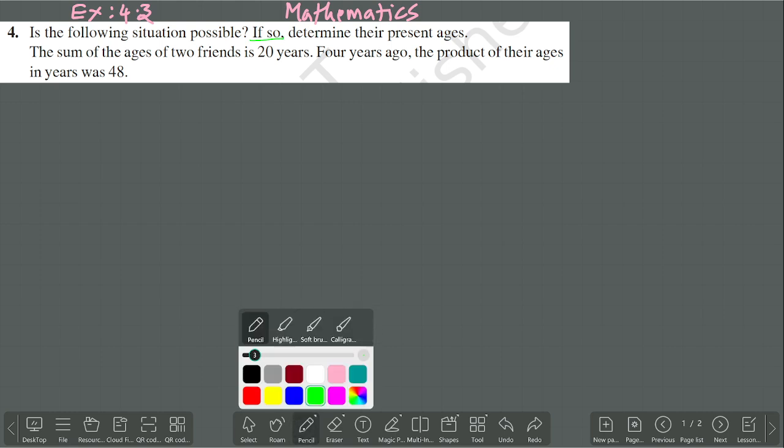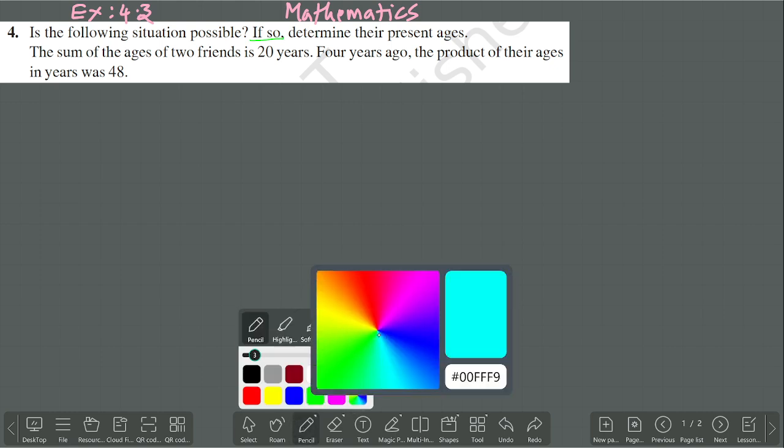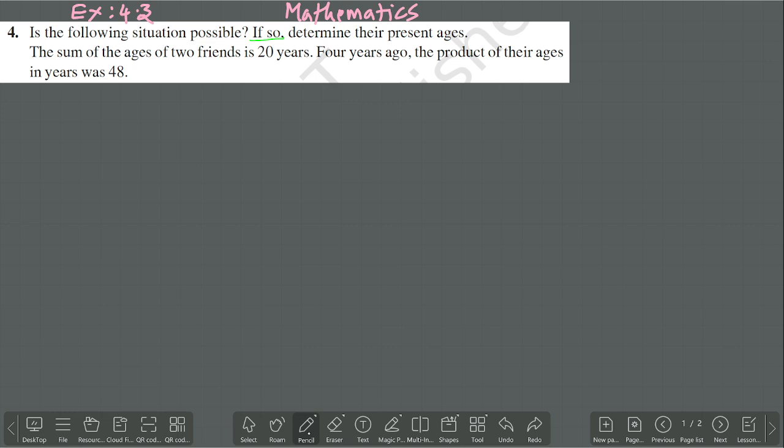So let x, y be the present ages of the two friends, in years, we are considering.